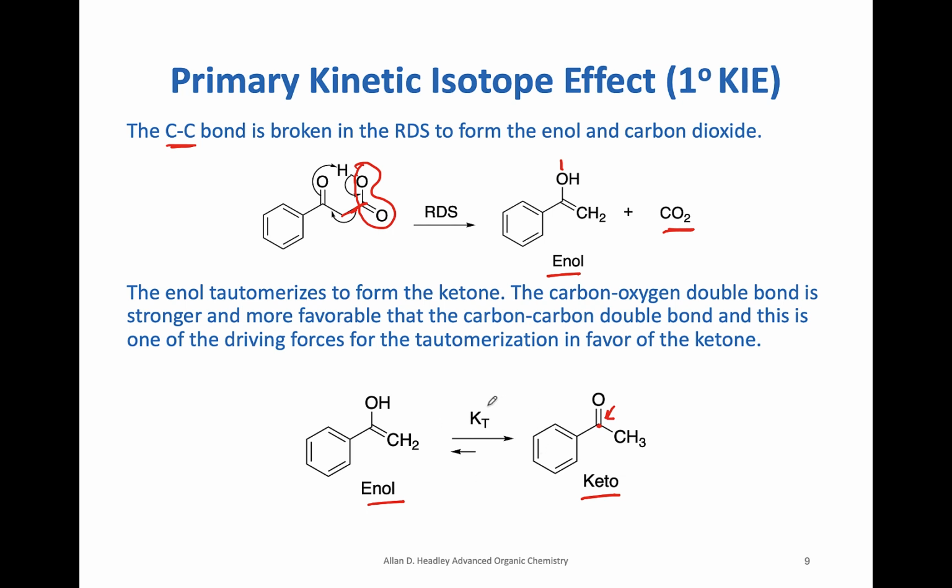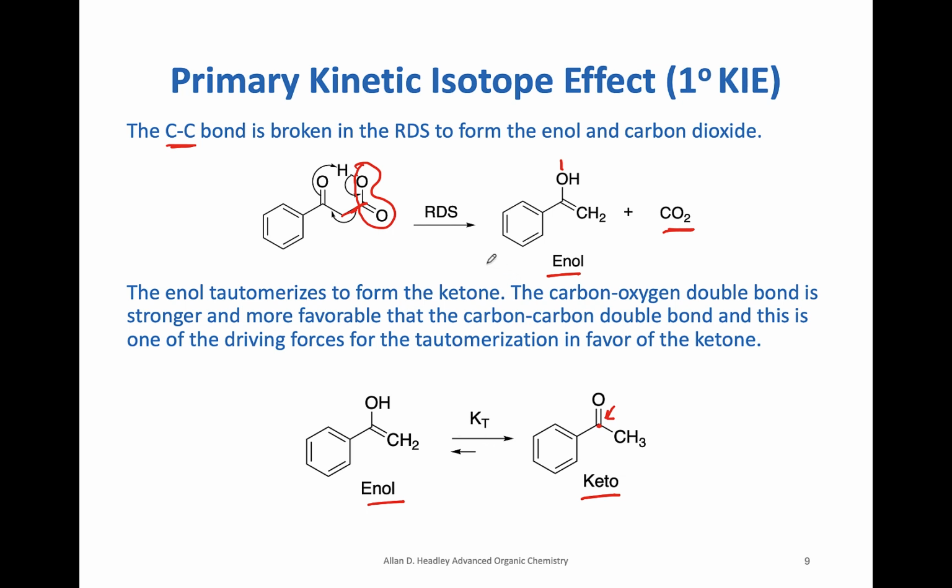So you'd expect this to be a fast step, and it is a fast step. Why? Because it's an equilibrium. And of course, you know, equilibria are extremely fast. It can't be measured in terms of rates. It's just the values of the concentration of the reactant and products that determines the equilibrium constant.